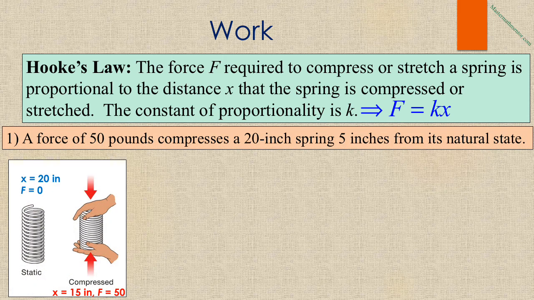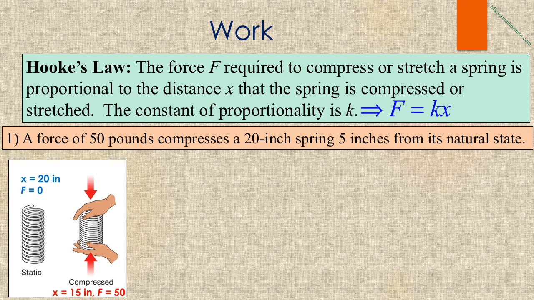In problem 1, we are told that a force of 50 pounds compresses a 20-inch spring 5 inches from its natural state. And we are interested in problems where we want to find how much work is done in compressing the spring different distances. We see by the picture the situation.